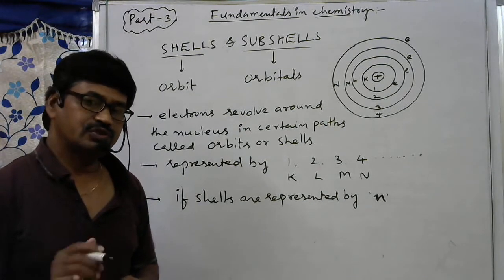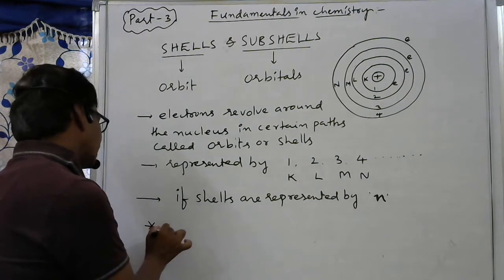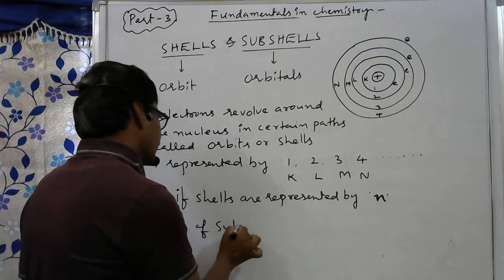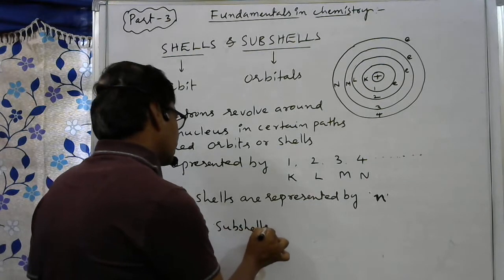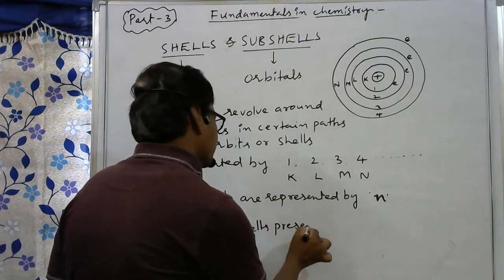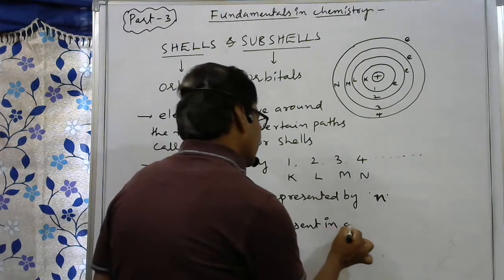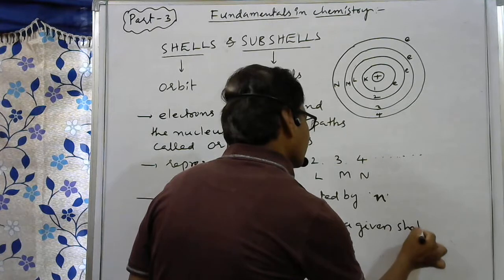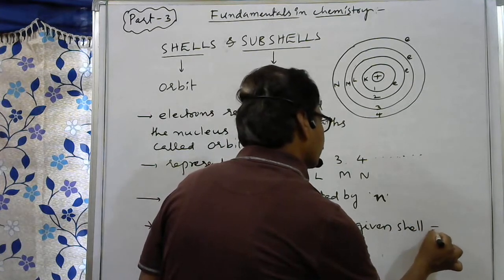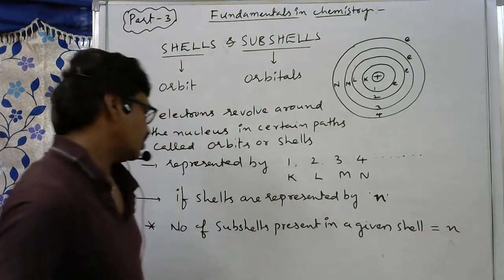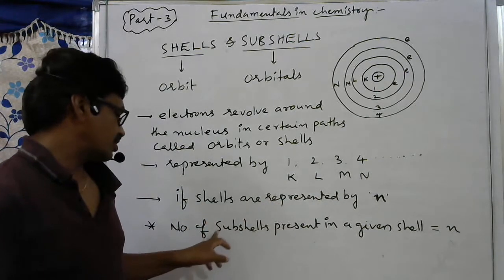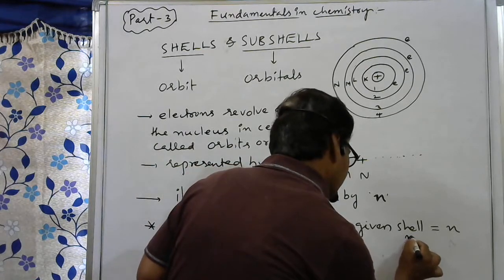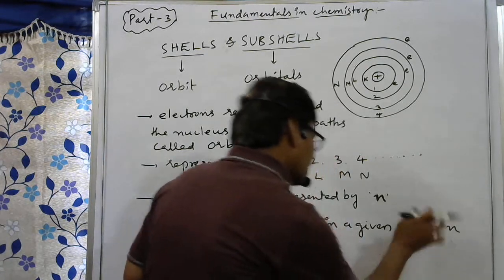Here we should know one formula. The number of subshells present in a given shell is equal to n. And n is again the shell number. So the shell number is exactly equal to the subshell number.